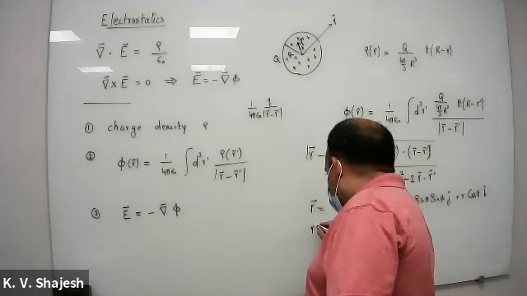Okay. But still, let's quickly do what is R square. R dotted with R is R square. If you do R square, you square this, you dot the whole quantity.